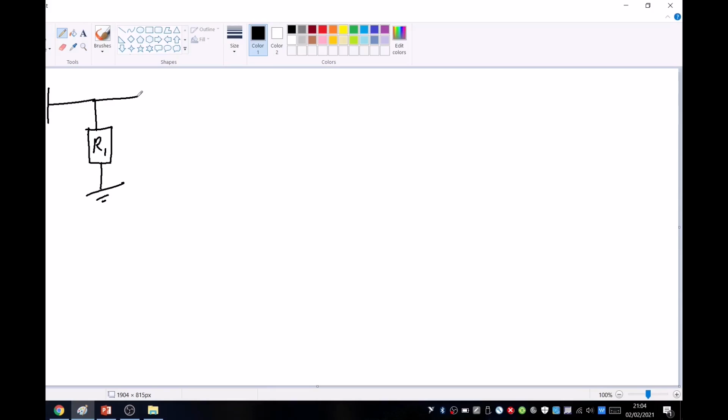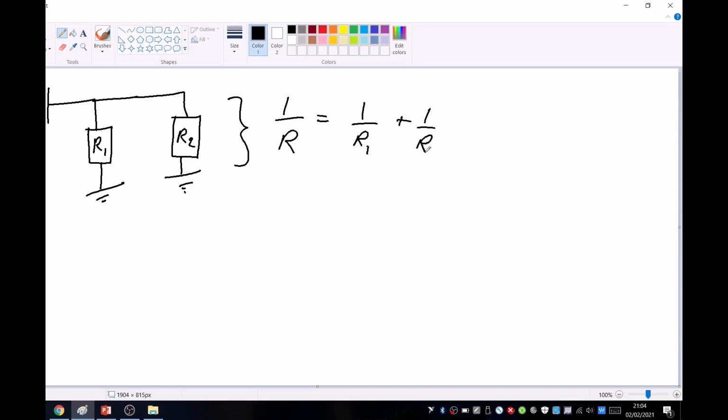If we add something else after this filter, so say another resistor R2, then now we've got a combined resistance there defined as 1 over R is 1 over R1 plus 1 over R2.